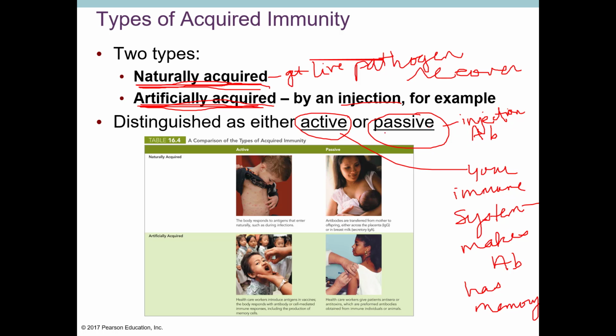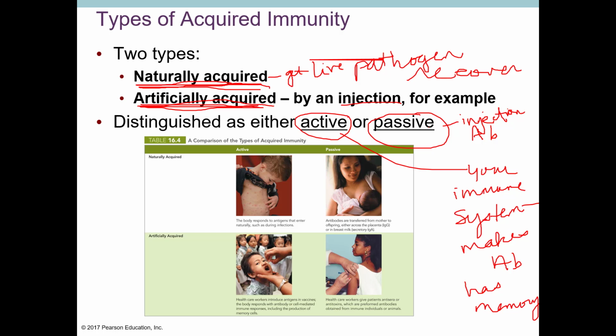You don't have memory cells for them, just the antibodies, just the proteins were injected into you. That's called passive. Passive immunity is not very strong, and it's kind of short-lived. So you can get an injected antibody that would be artificially acquired and passive.